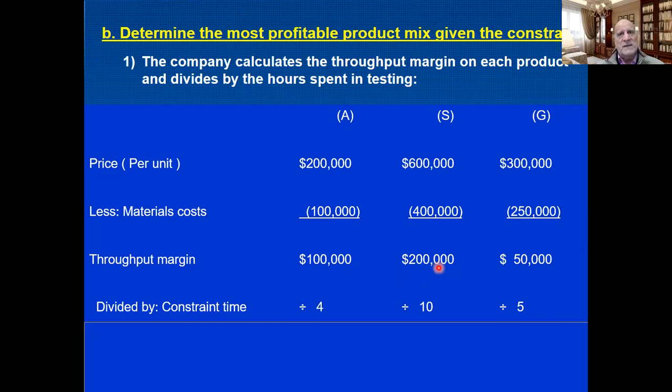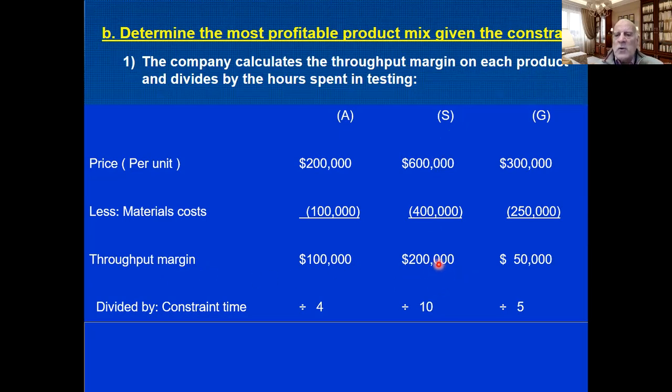In the contribution margin, which was illustrated previously, we choose to produce the most profitable product based on the largest amount of contribution margin. But under throughput costing, we are not going to choose the product with the largest throughput margin.